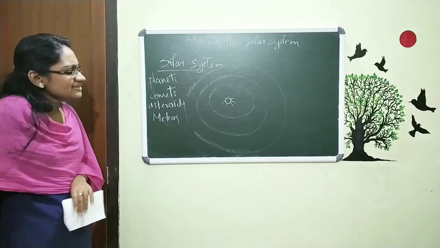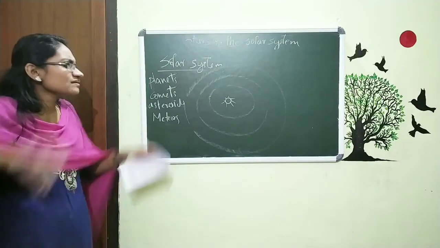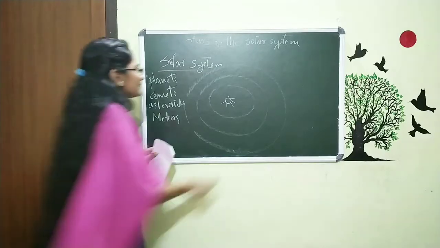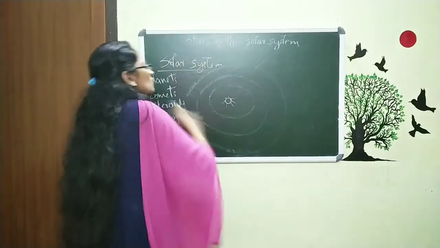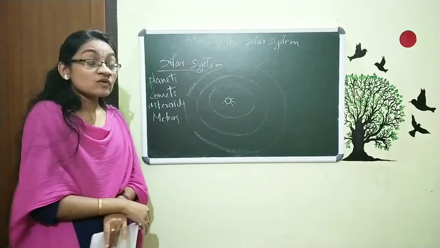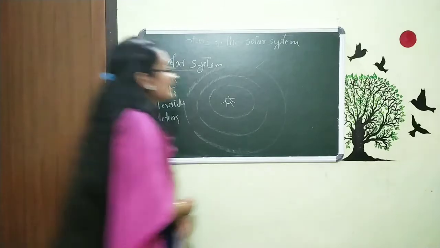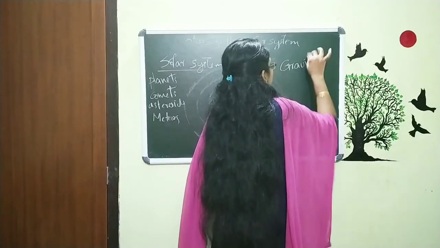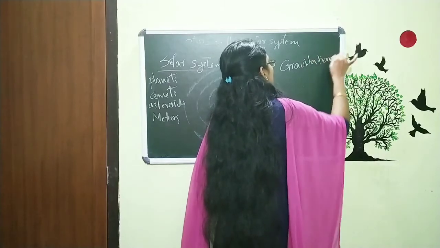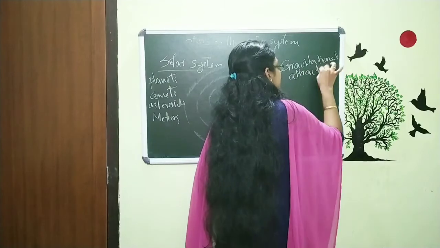Now, my question is, why are all these in circular motion and why are they not getting scattered? That means why are they not going to other positions and continuously rotating in a particular orbit? What is the reason for that? The reason is gravitational force, or gravitational attraction.